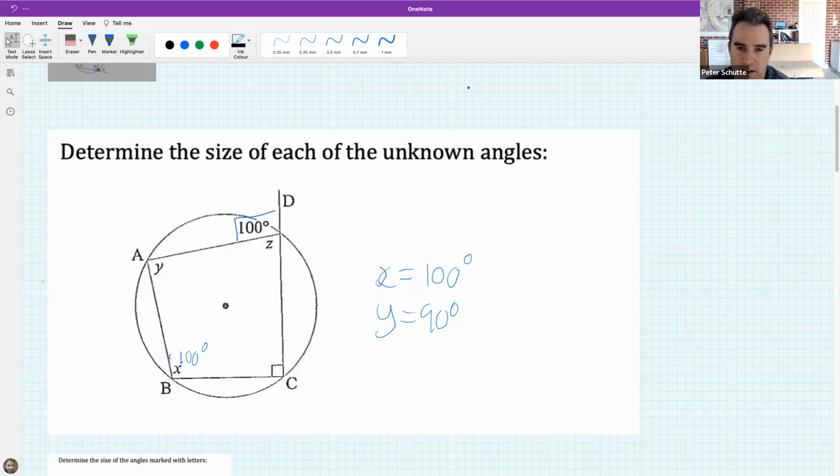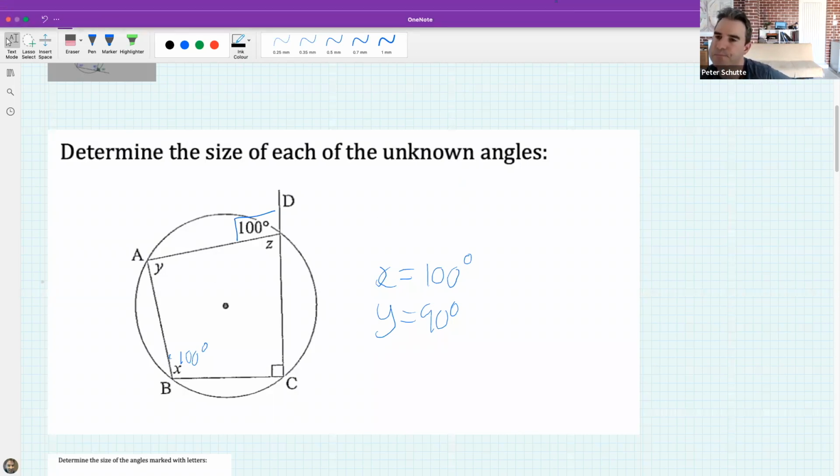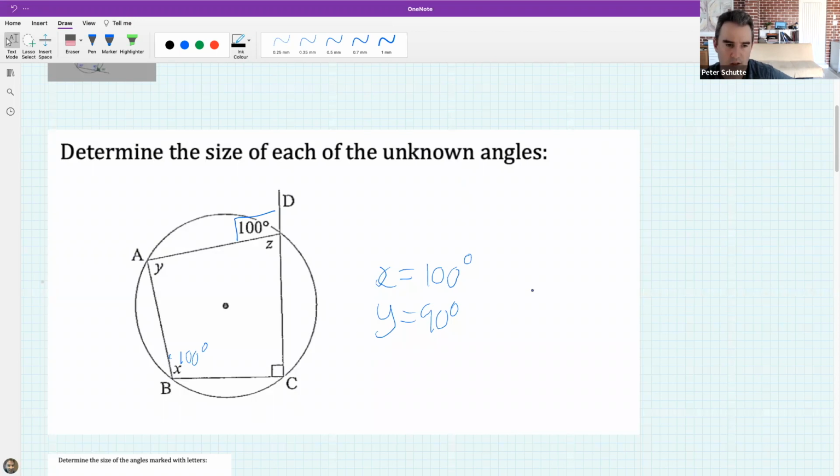Okay. Yeah. Umta, what do you think? How did you know why this is 90? Oh, so if you add up all the answers that we have, plus the Z that I figured out is 80, and then subtract it from 360, you would get your 90. Okay, that is totally a legitimate way to do it.